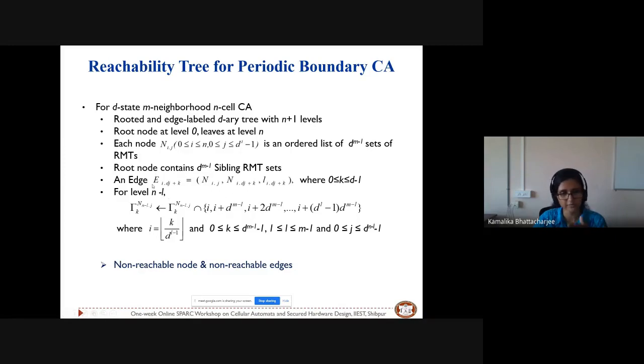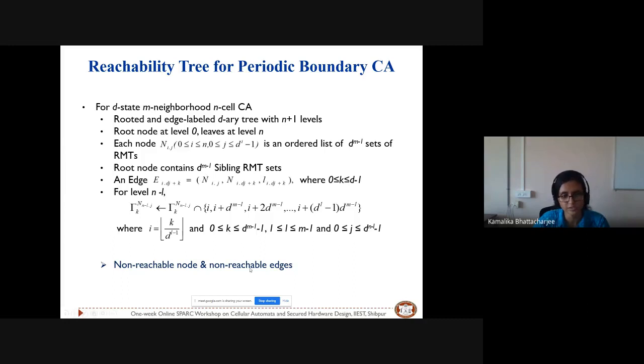In the last n minus L number of levels, where L depends upon the size of the neighborhood structure, only some specific RMTs can be present in the tree. This is to satisfy the periodic boundary condition, because you have to come back to the root. So that's why these last levels are specifically designed to support the periodic boundary condition.